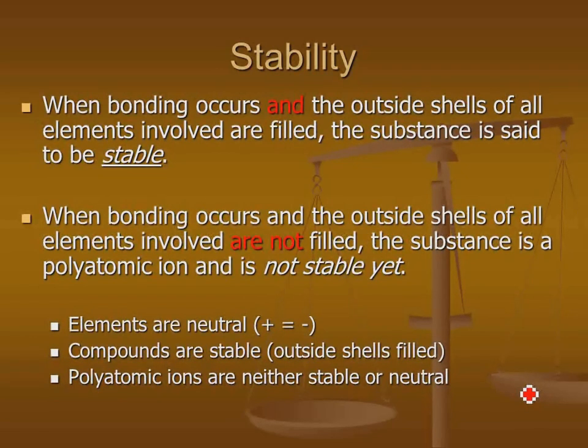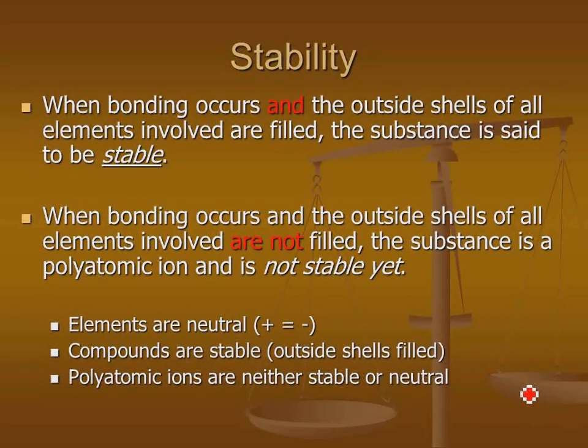So summing up, elements are neutral, same number of protons and electrons. Compounds are stable because their outside shells are filled, H2O, CO2. Polyatomic ions are neither stable, they still need some more electrons to complete the outer shell structure, nor neutral, because they have a charge one way or the other.